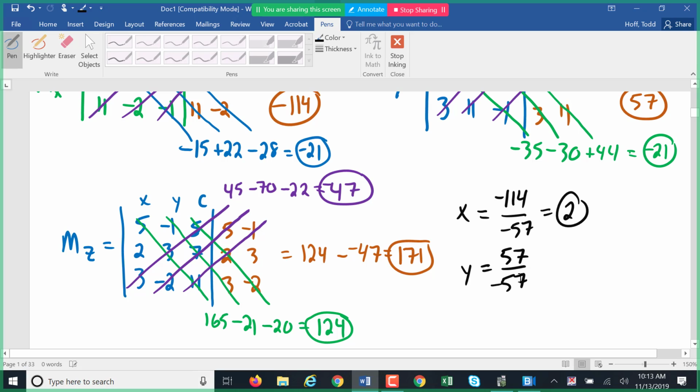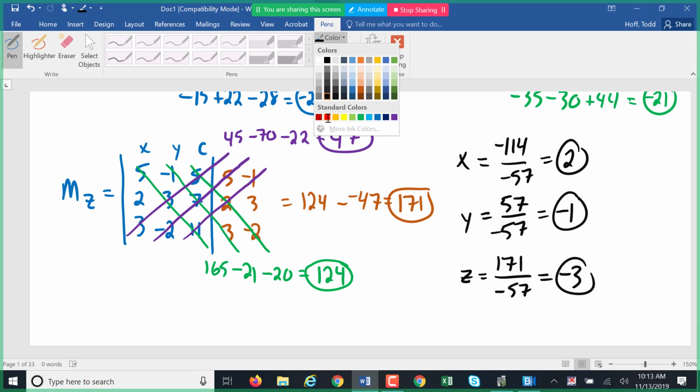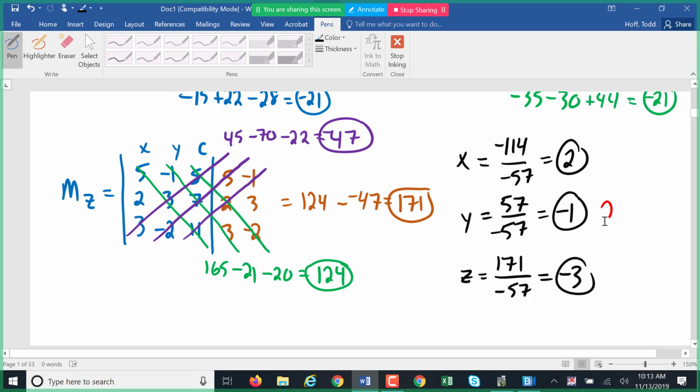The determinant of the base matrix was a negative 57. Y is negative 1. And for z, the determinant of the z matrix was 171. The determinant of the base matrix was negative 57. 171 divided by negative 57 is a negative 3. So the solution for this system is 2, negative 1, negative 3.